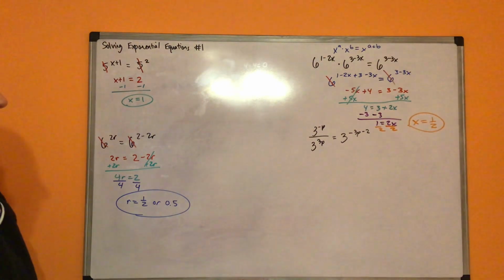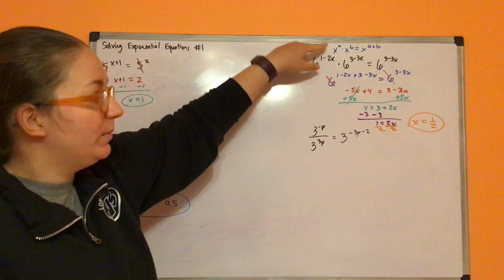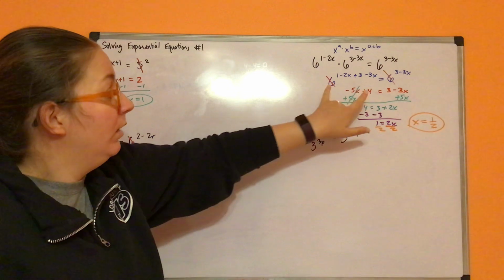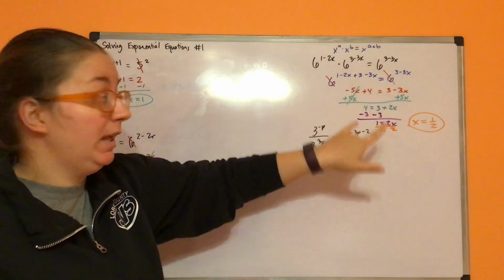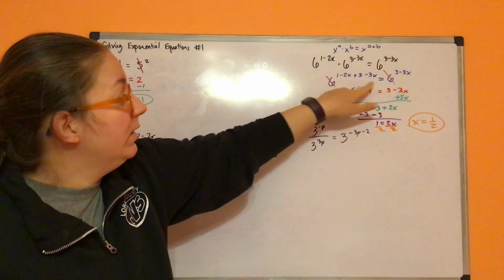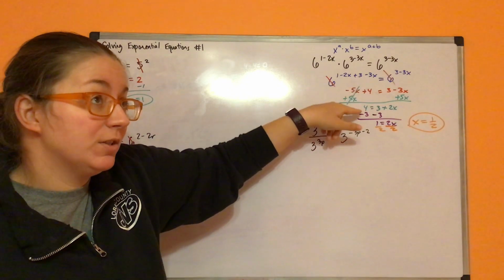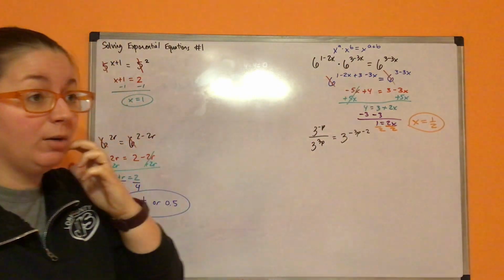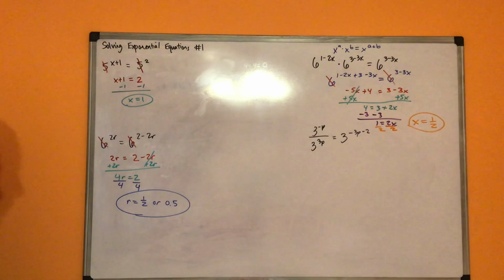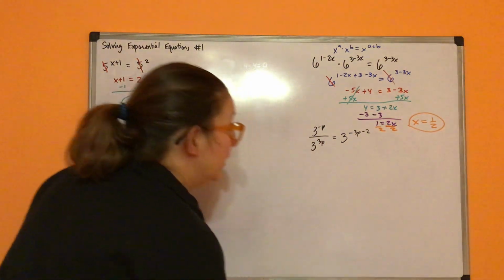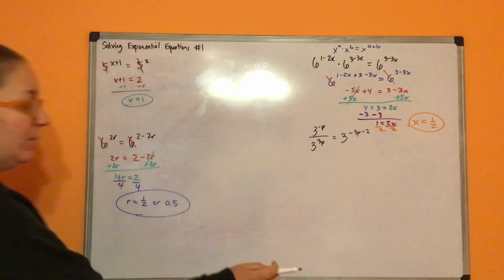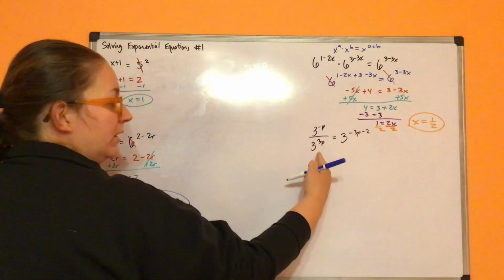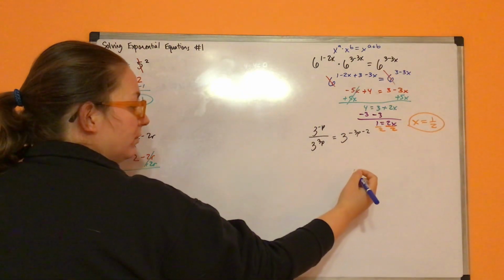So, again, we simplified this by using our product rule. Once the bases were the same on both sides, we canceled them, used normal things we do like combining same side like terms to solve equations, and then got the variable by itself, just like solving any other equation. The last one for today is a similar concept, except we have division. So we are going to use our quotient rule.